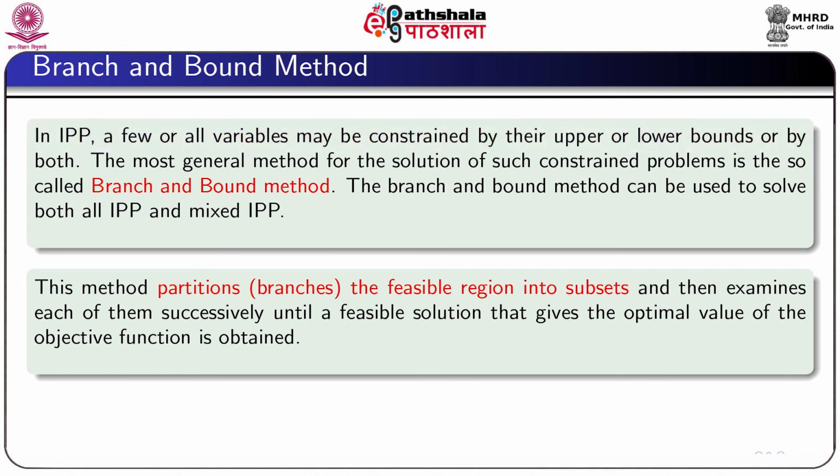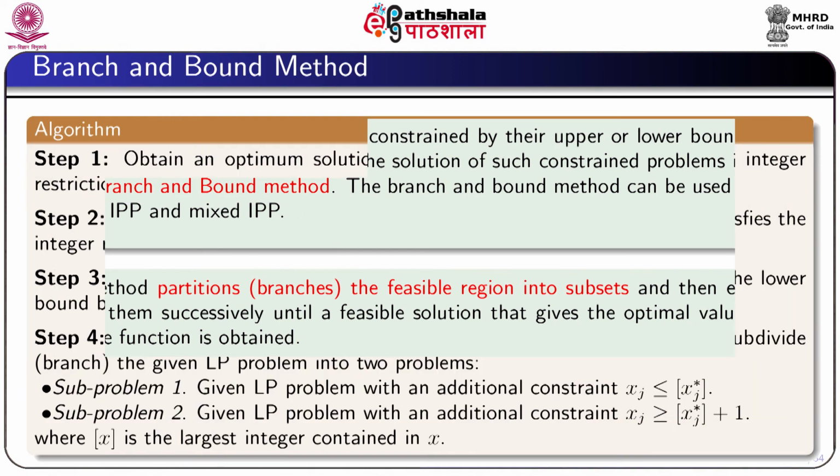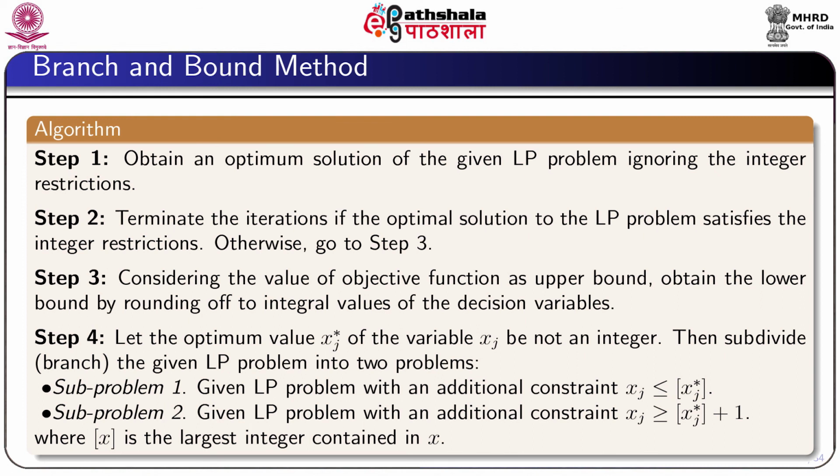This method actually partitions or branches the feasible region into subsets and then examines each of them successively until a feasible solution that gives optimal value of the objective function is obtained. We now discuss branch and bound algorithm.